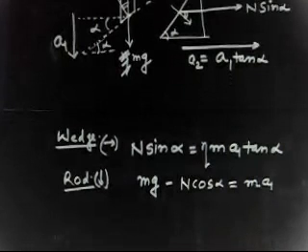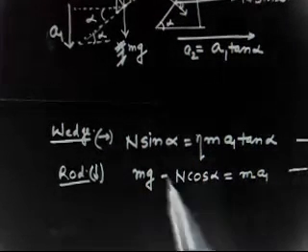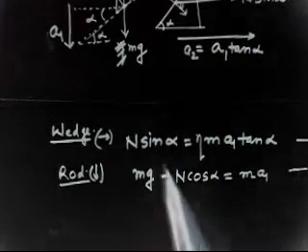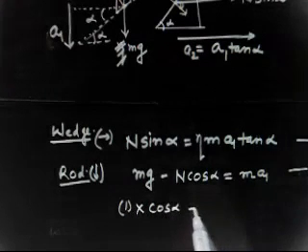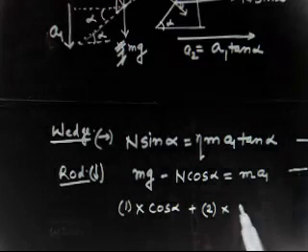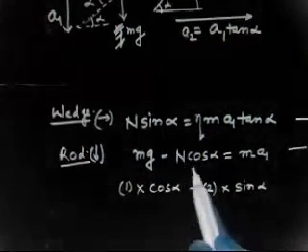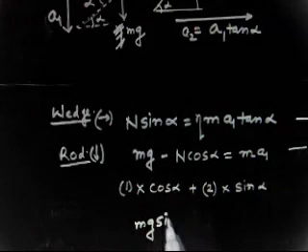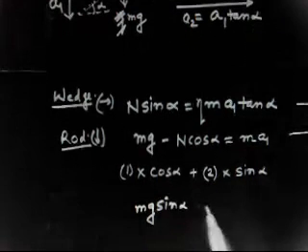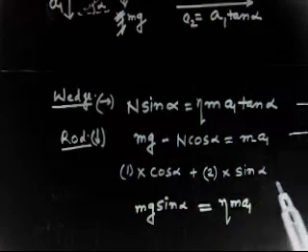I can solve for a1. So let us call these equation 1 and equation 2. Is this easy? Easily I can solve. Let us multiply equation 1 by cos alpha and equation 2 by sin alpha, and then simply add. So you will have cos alpha, and this goes out. This side you will have mg sin alpha, which is equal to eta m a1 tan alpha into cos alpha.